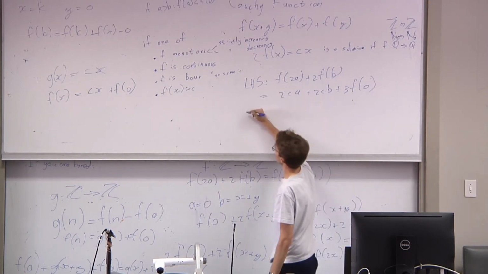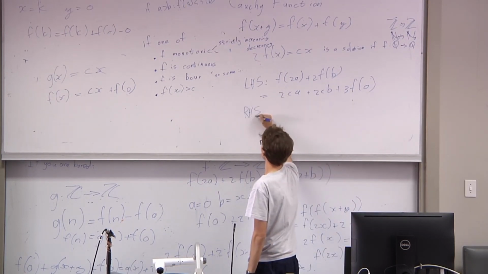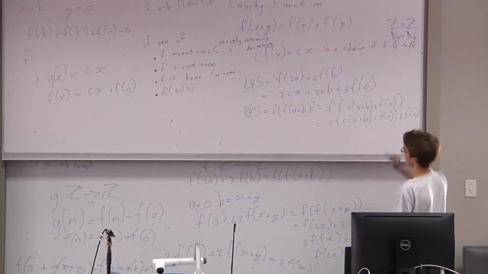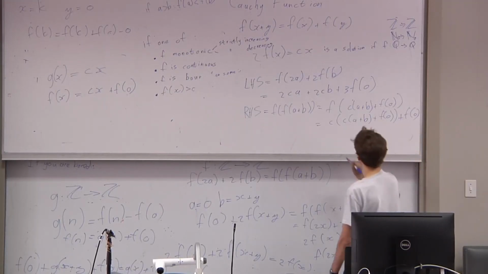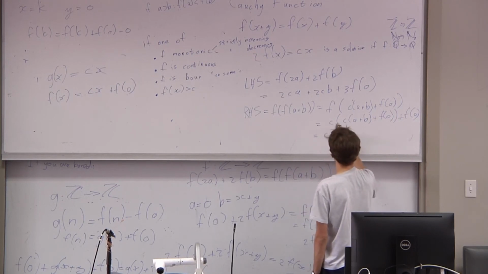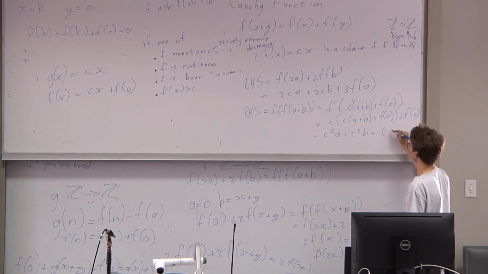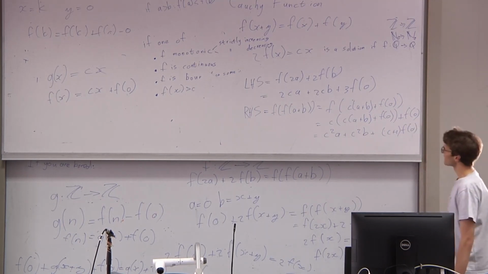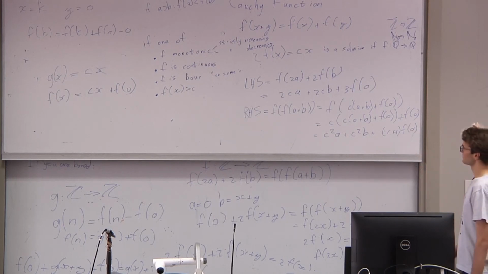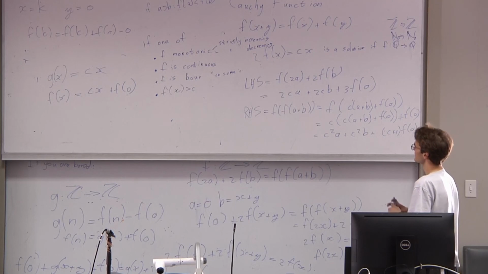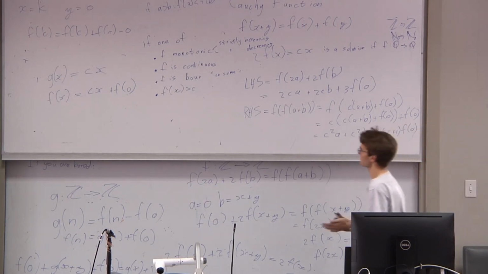And the right-hand side is c squared a plus c squared b plus c plus 1 times f of 0. Okay, well, those two things don't look the same at all. So we see when they are actually the same thing.